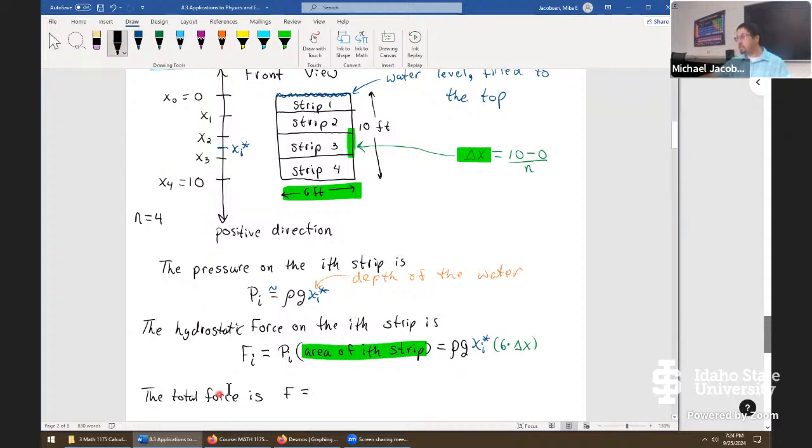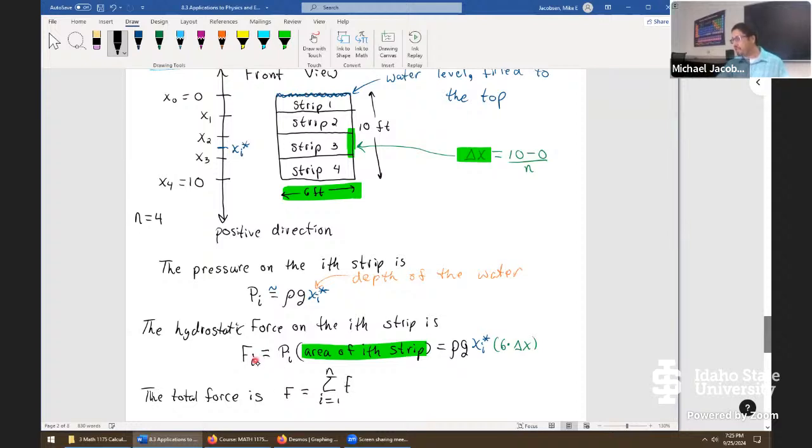It's going to be the summation of all of these partial forces that we found on each one of the strips. So it'll be a summation as i goes from 1 to n. Again, in our problem, it's from 1 to 4 with what's given on this diagram. So summation as i goes from 1 to n generically of this thing, this force, Fi.